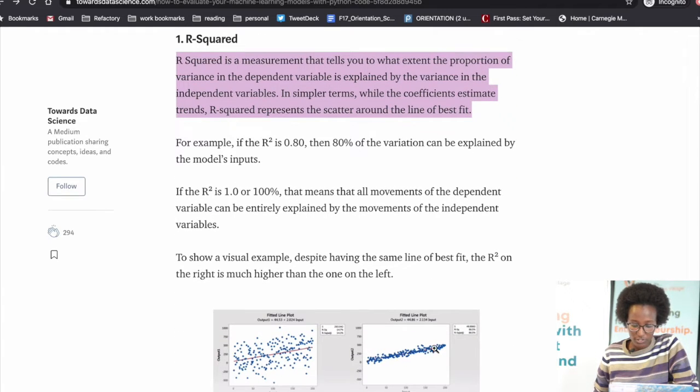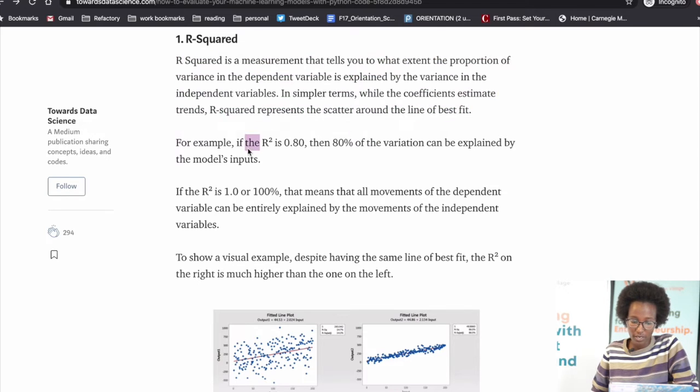So you see the coefficients that we're talking about, especially on your regressor, like y equals mx plus c, where m will be a coefficient. Those coefficients will estimate the trend, like the slope, how the line fits, but the scatter around the line is represented by what they call the R squared.